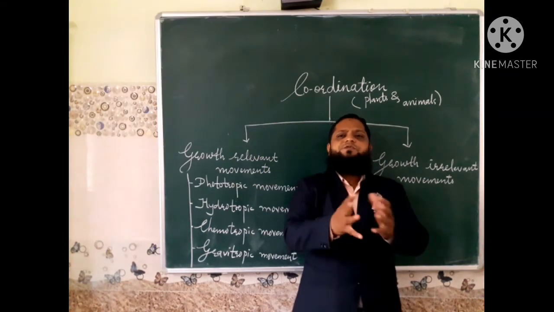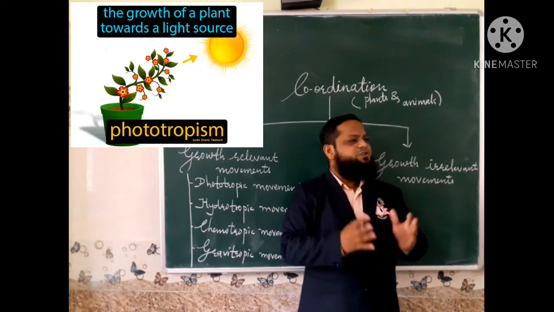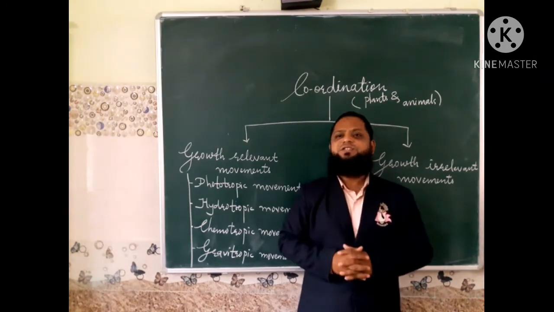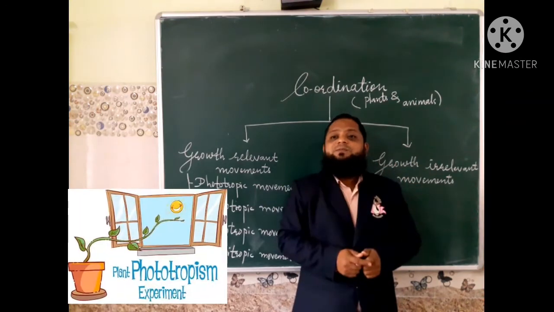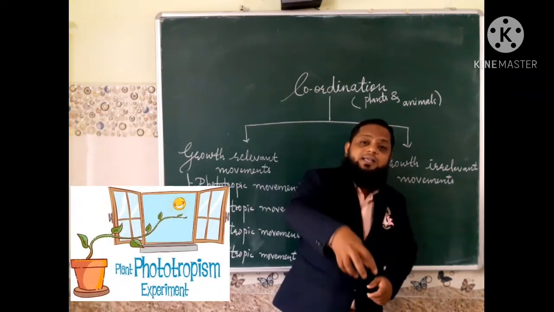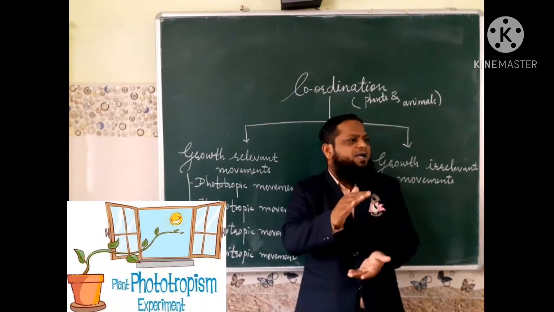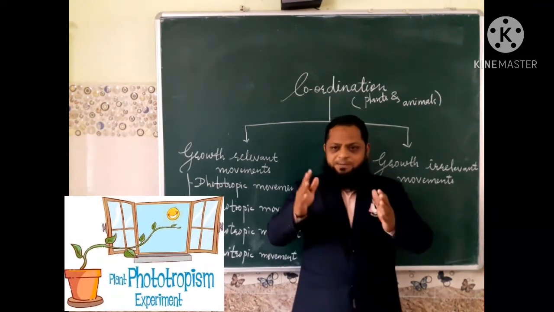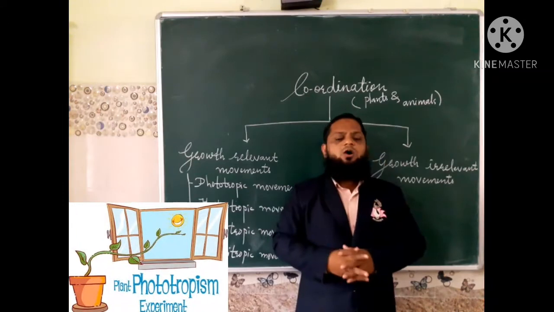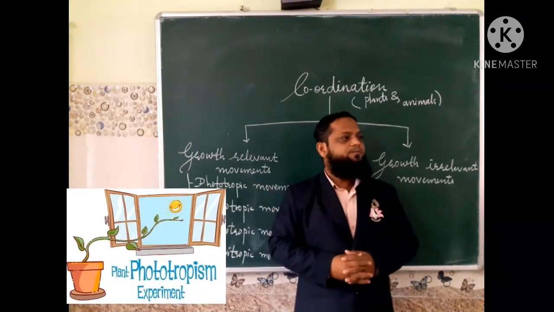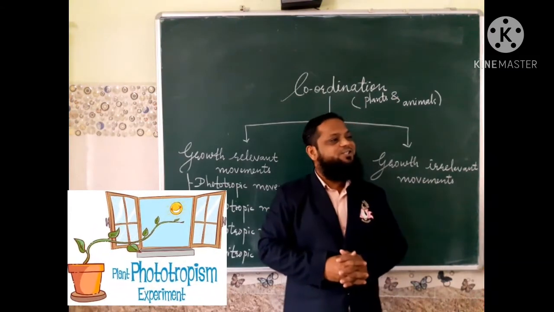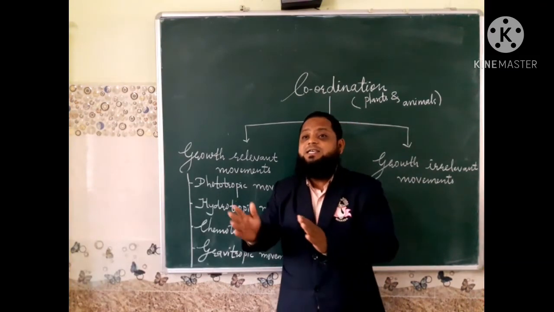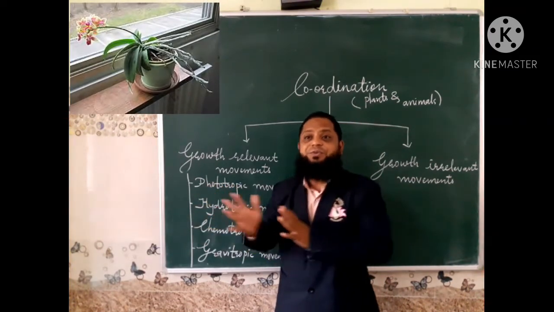You can prove this by a small activity. For example, take a box and keep a small plant inside. Make a small hole in the box and pack it completely, so there is darkness inside. Keep the box near a window.